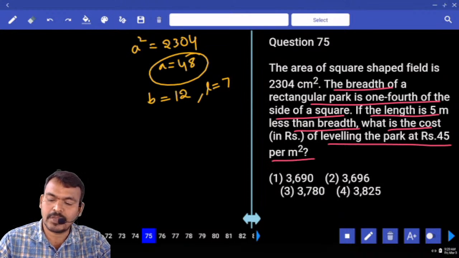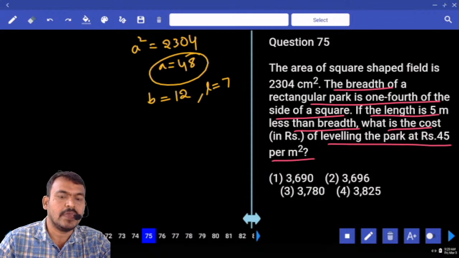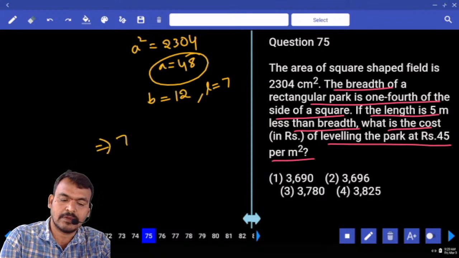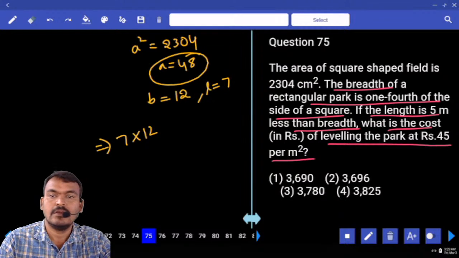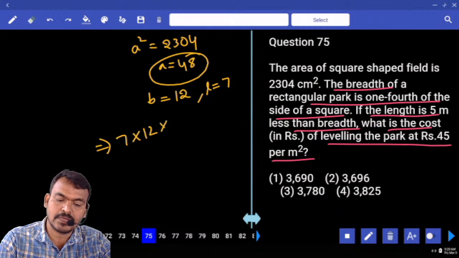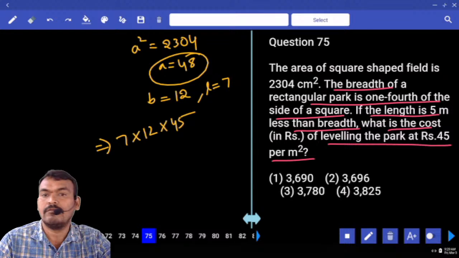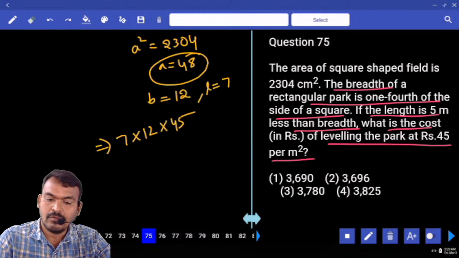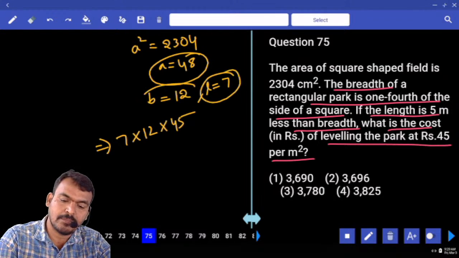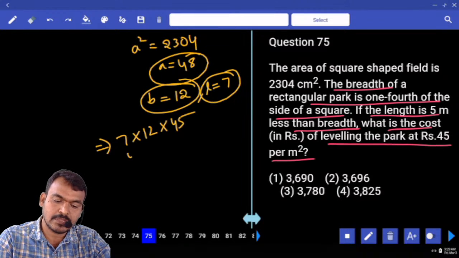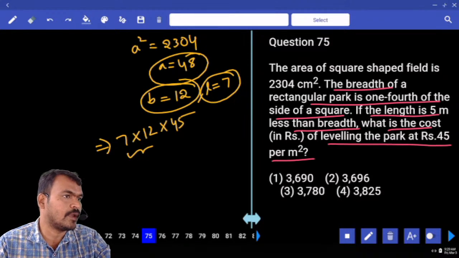Leveling the park means we require area or perimeter? Area. What is the area value? 7 into 12 or 7 plus 12? 7 into 12. But for every meter square how many rupees are spent? 45 rupees or not? What is the length value? 7. What is the breadth value? 12. Area means L into B or not? It is the number of meter squares.